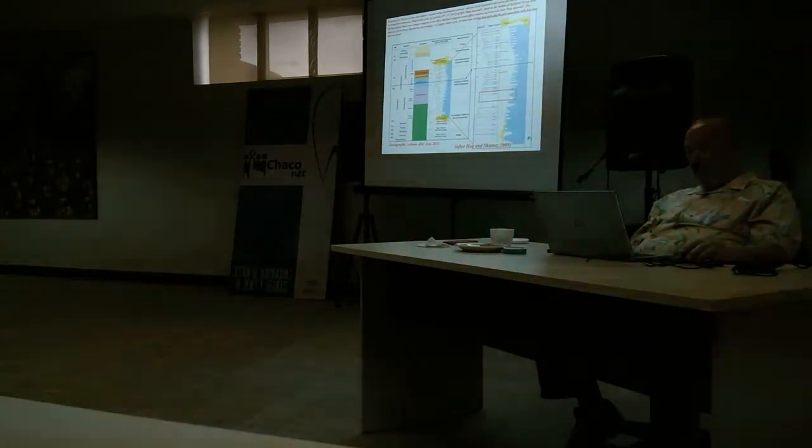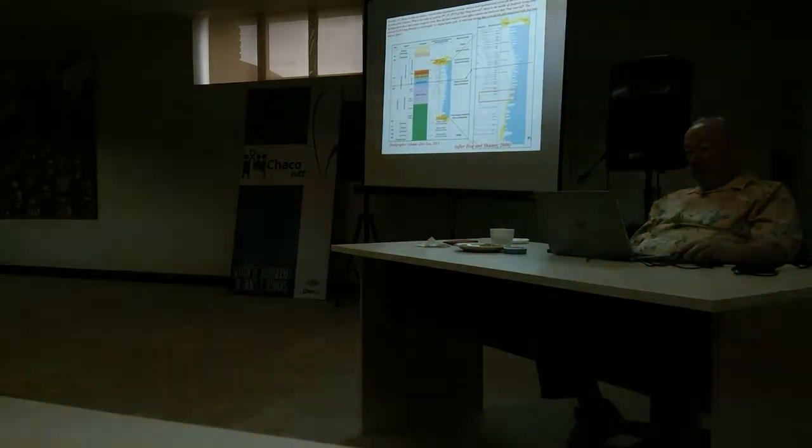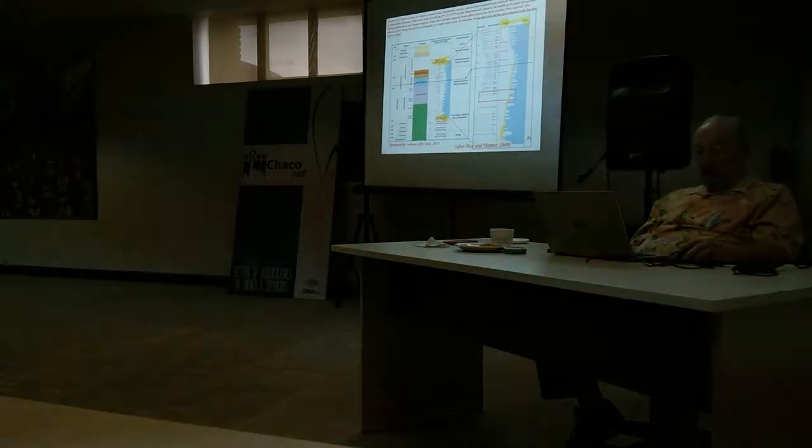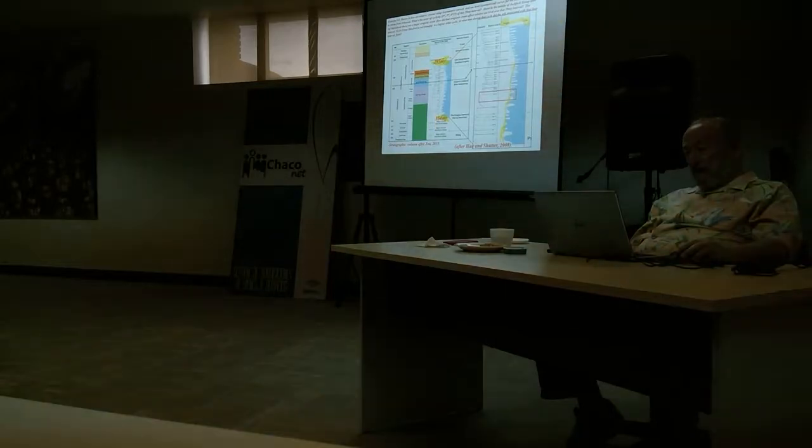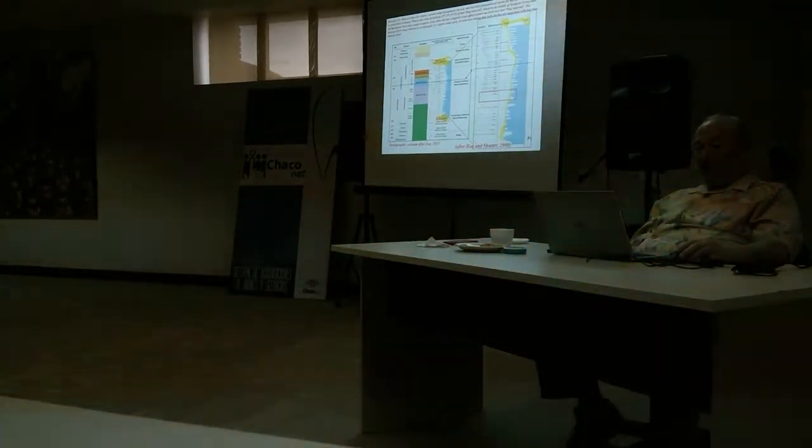And so if we follow up the curve, go up the general curve first, we see an overall fall in sea level and then a rise in sea level. And the turnaround point is right about here.